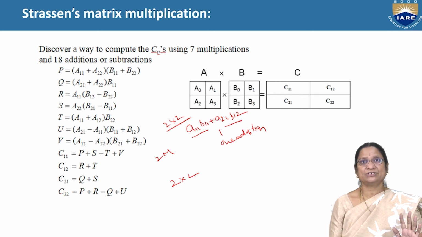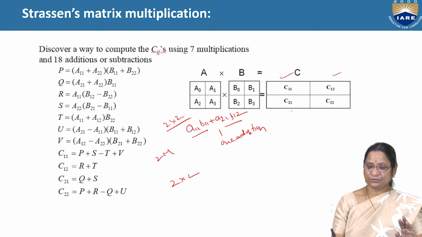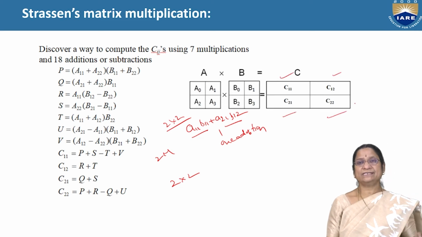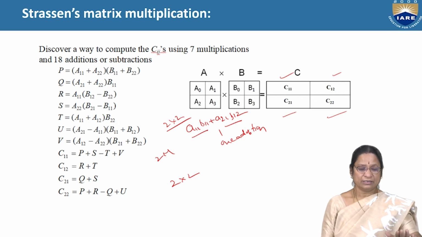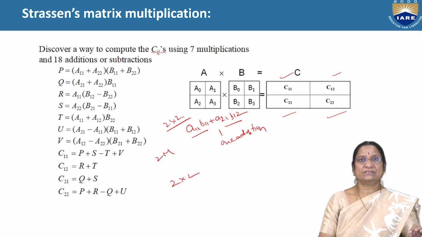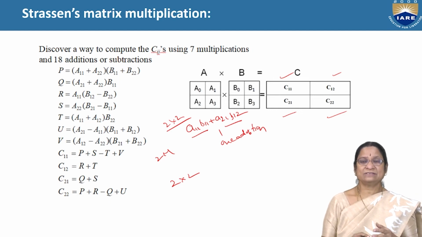In these 11 equations, various computations are made to compute our C11, C12, C21, C22, that is, to compute the elements of the product matrix of order 2 by 2. What operations do these 11 equations consist of? They consist of some additions and some multiplications again.